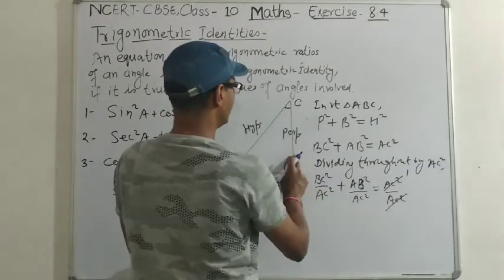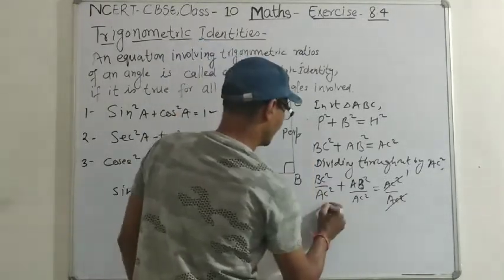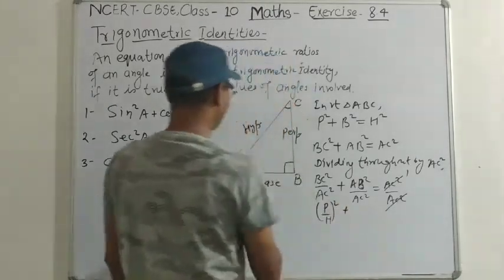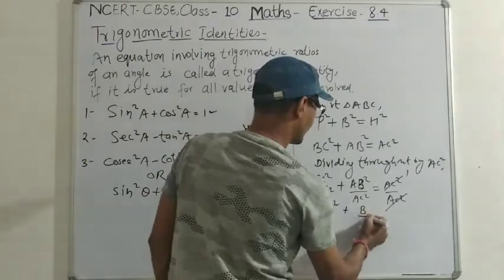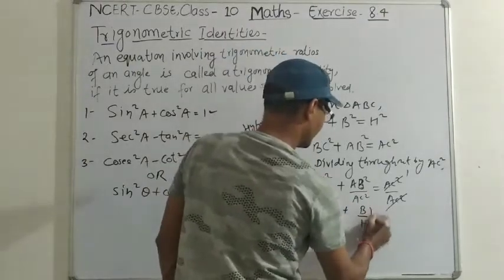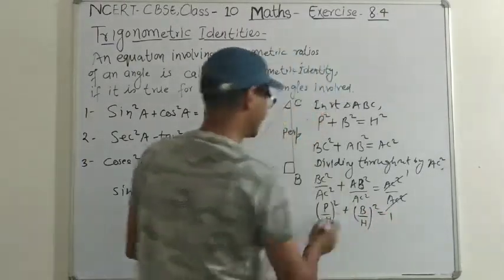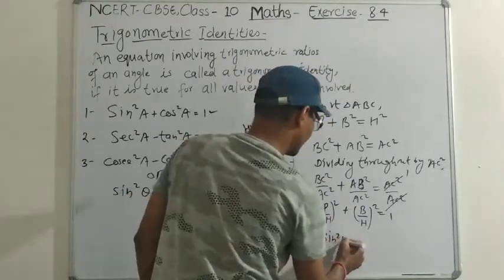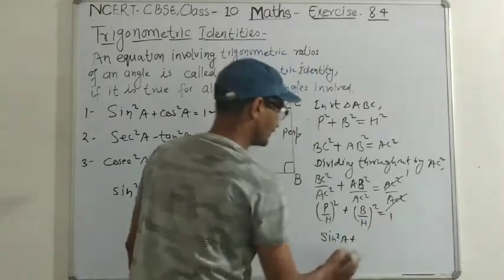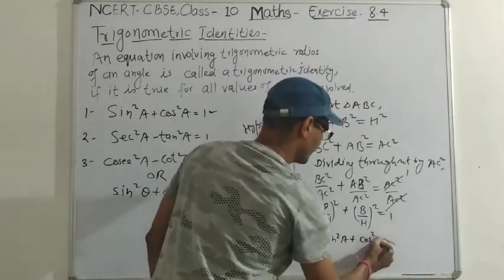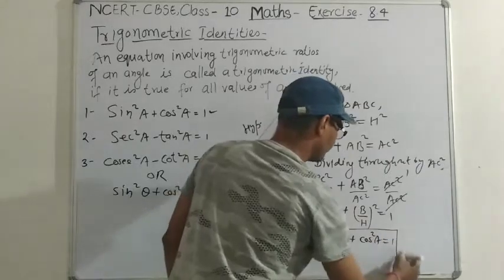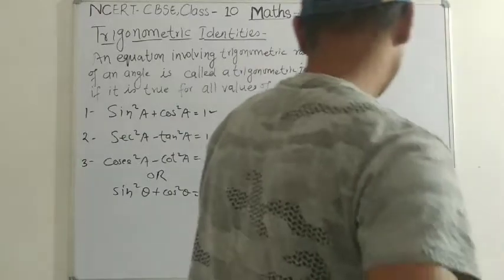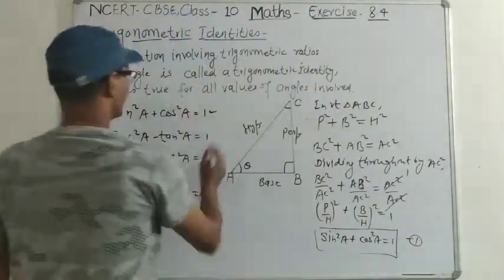BC is perpendicular and AC is hypotenuse, so perpendicular by hypotenuse plus base by hypotenuse, squared, equal to 1. P by H is sin A, so sin square A plus cos square A equal to 1. So this is our first identity.